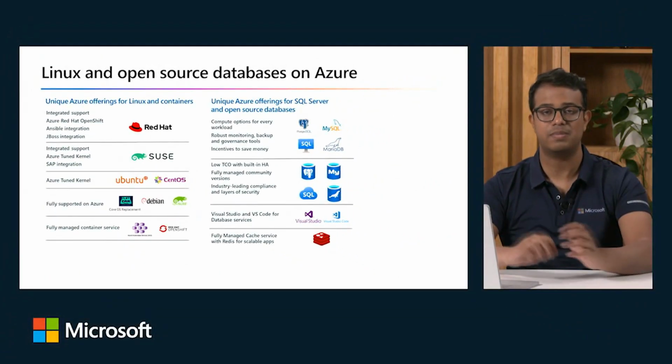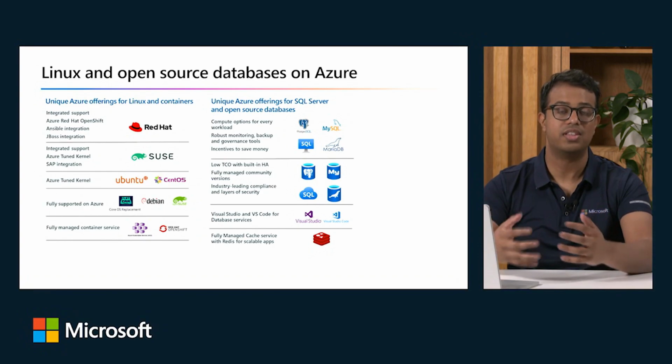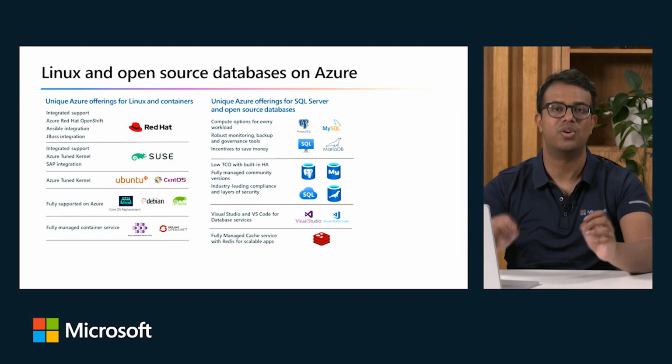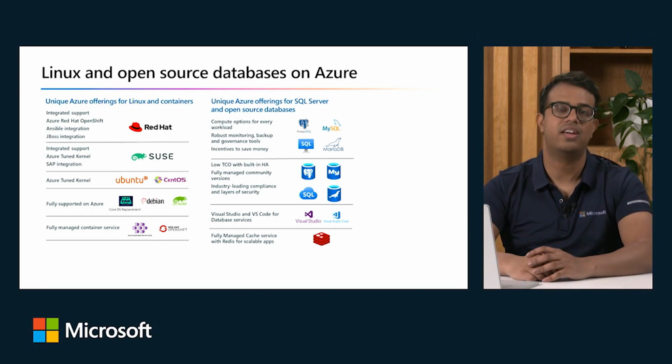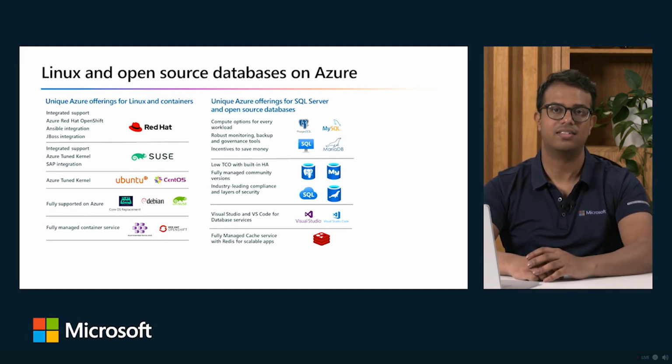Some specific things to be aware of. There are over 50% of Azure VM cores that are running Linux, and we're continuously investing more in the Linux and open source world to make sure that the experience of running Linux-based workloads is seamless. Also, being a neutral technology provider, we have a strong partnership with Linux distro publishers like Red Hat, SUSE, and Canonical to build co-developed applications and an Azure-tuned kernel.